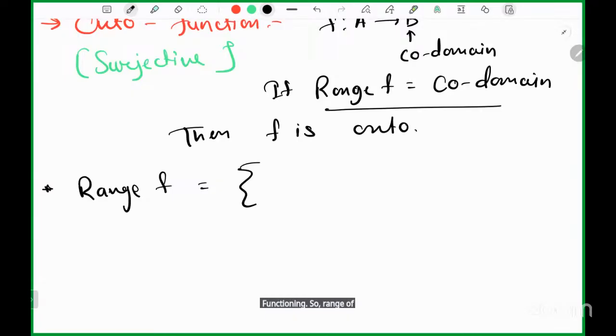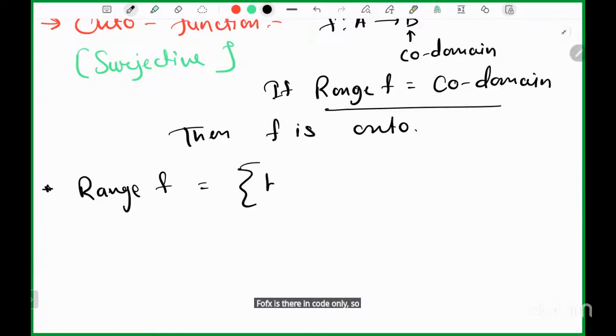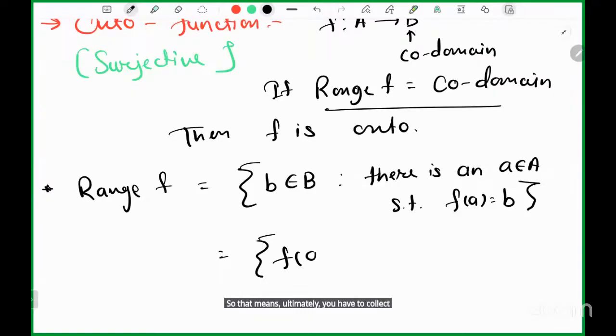You have to select all those values from the codomain which possess an inverse image. That means you collect all those b belonging to B such that there is an a in A such that f of a equals b. So ultimately you collect all f of a for a belonging to A.